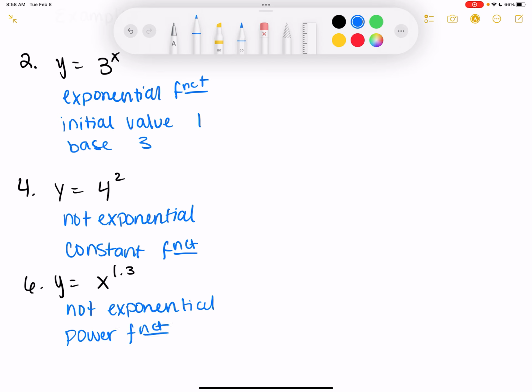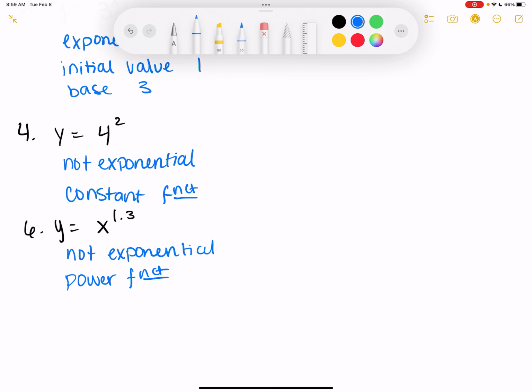We have to be able to name what kind of functions they are. You're not really going to see anything other than those two. The other thing you could have said for something like this is that there's a variable as the base, meaning it can't be exponential. That would have been sufficient to explain why it's not.